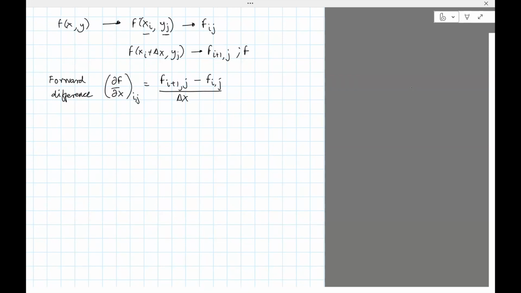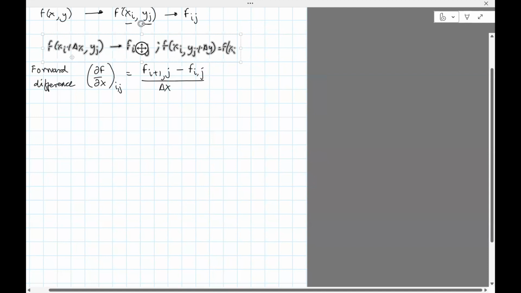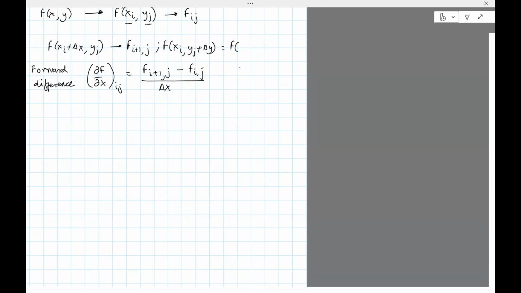Similarly, we have f of xi, yj plus delta y as F i, j plus 1.